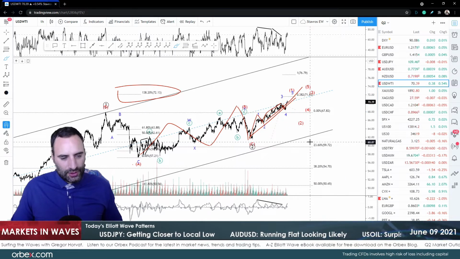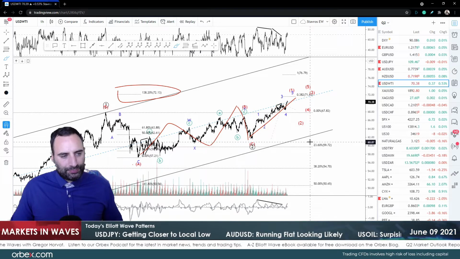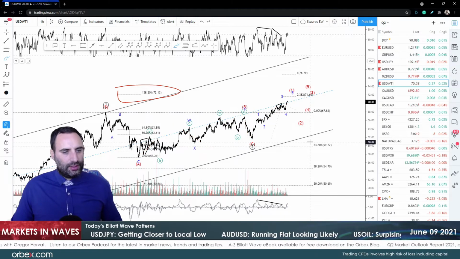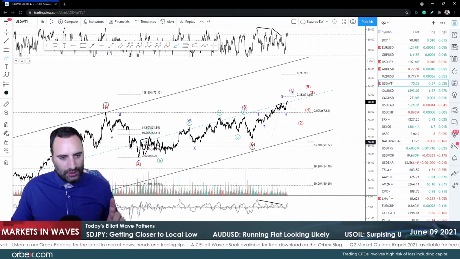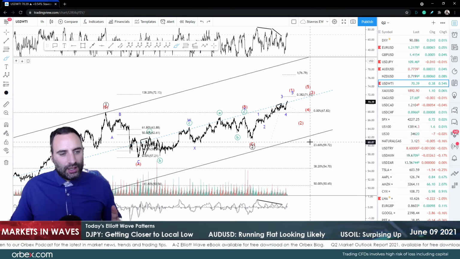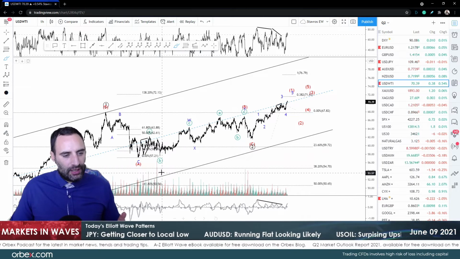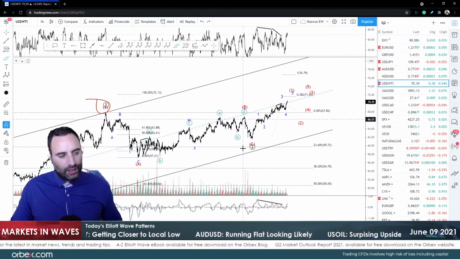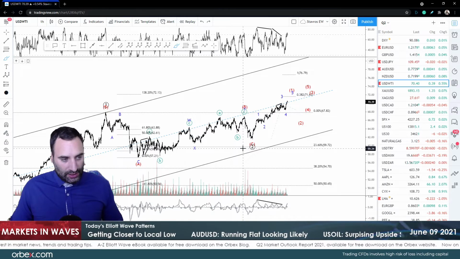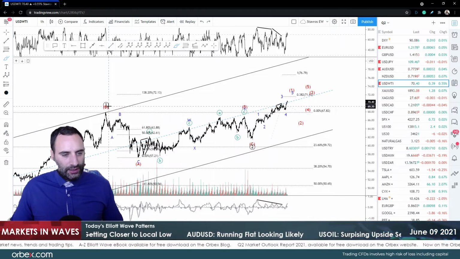So we expect corrections and corrections. I'm not sure there is anything else to add apart from something else as well, guys. If, and we talked about this, we look at the primary degree move, that could be a case where this is not wave 1 yet.